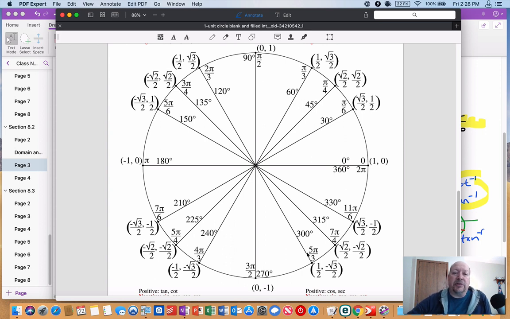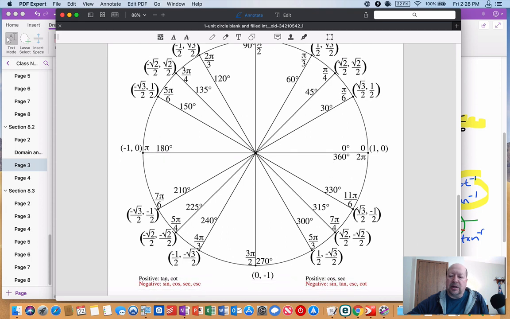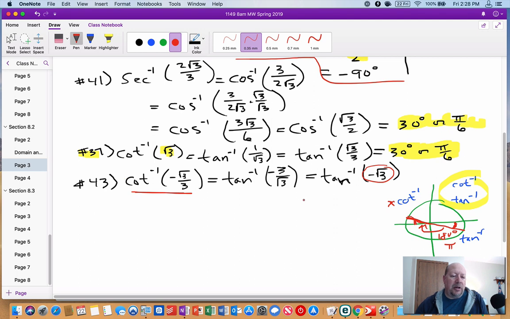But remember, inverse tangent is going to give us a negative angle down there. And that measurement of that negative angle that has the same terminal side as 300 is going to be negative 60 degrees. So here, our theta that we get from this inverse tangent is equal to negative 60 degrees.